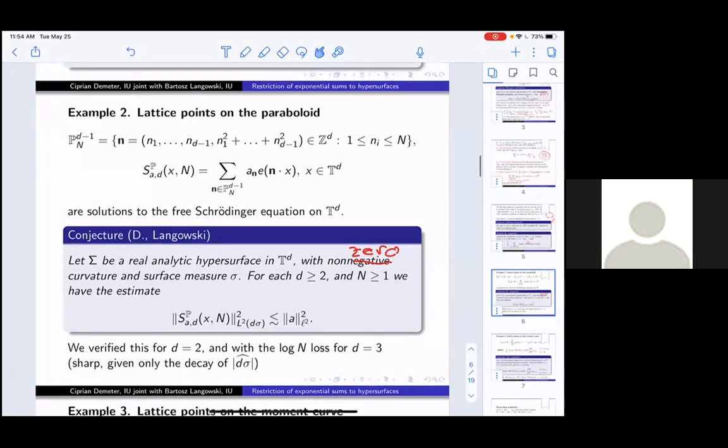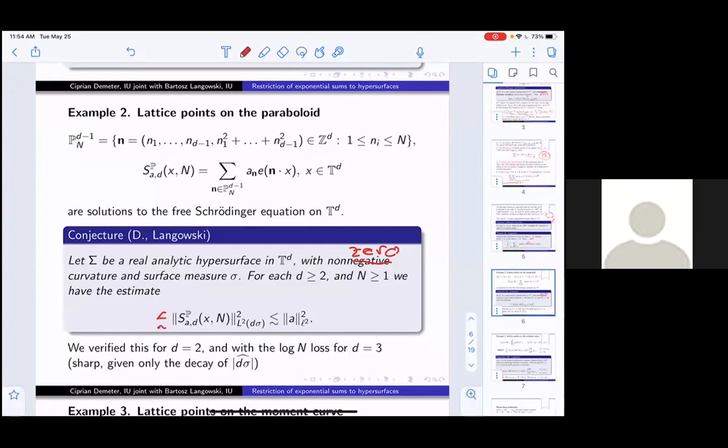Okay, so Bartosz and I made this conjecture, which is very similar to the one made by Bourgain and Rudnick. If you have a real analytic hypersurface with non-zero curvature, then the L2 norm of these exponential sums would have to be dominated by the L2 norm of the sequence. I'm not sure about the inequality on the left.